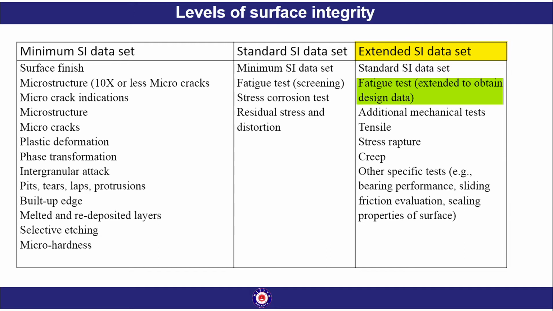Fatigue test extended to obtain design data, additional mechanical tests like tensile test, stress rupture, creep, other specific states like bearing performance, sliding friction evaluation and of course, sealing properties of surfaces.